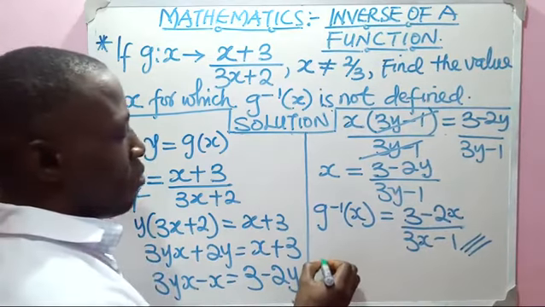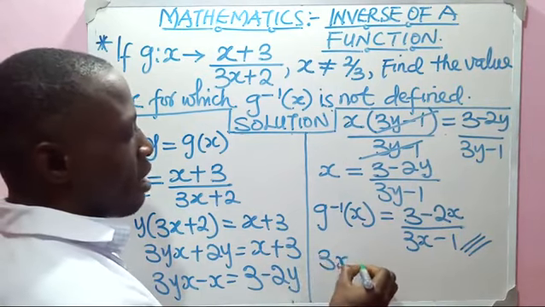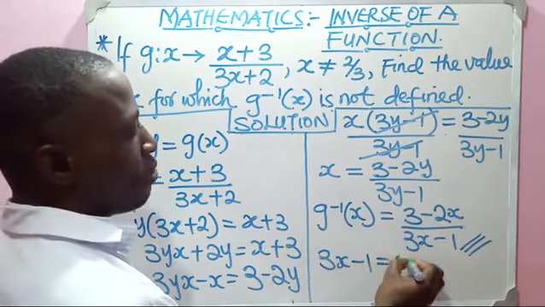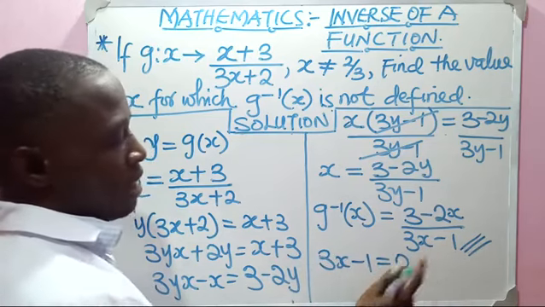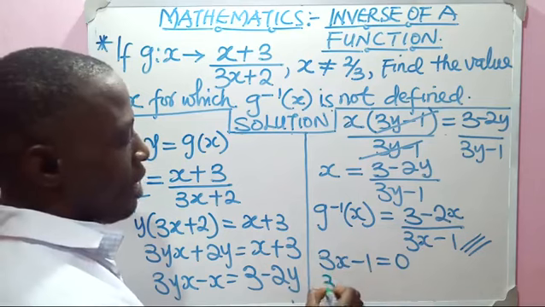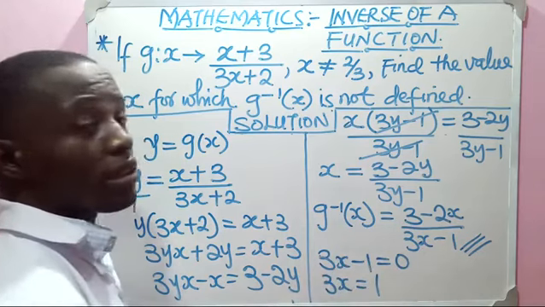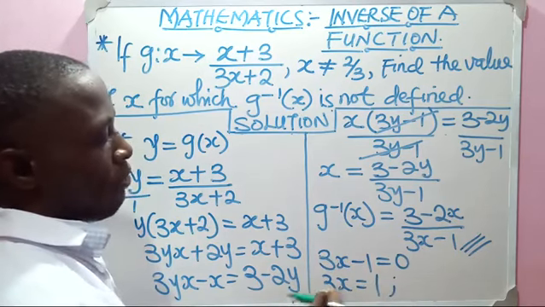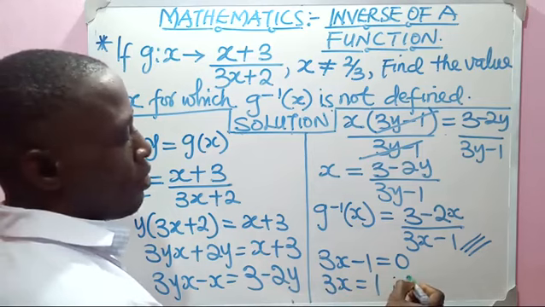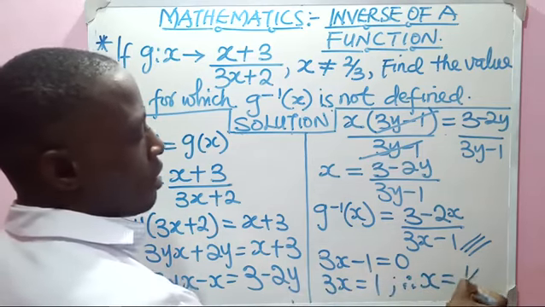Therefore, to get the value of x, I'll have 3x minus 1, which is at the denominator, equal to 0. That means 3x equals 1, crossing over the minus 1. For me to get x, I'll divide both sides by 3. Therefore, x is equal to 1 over 3.